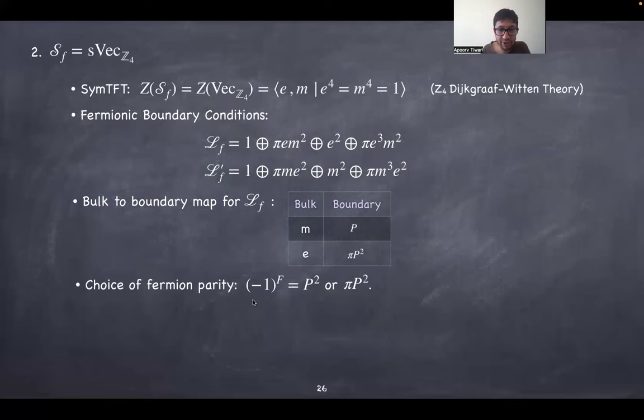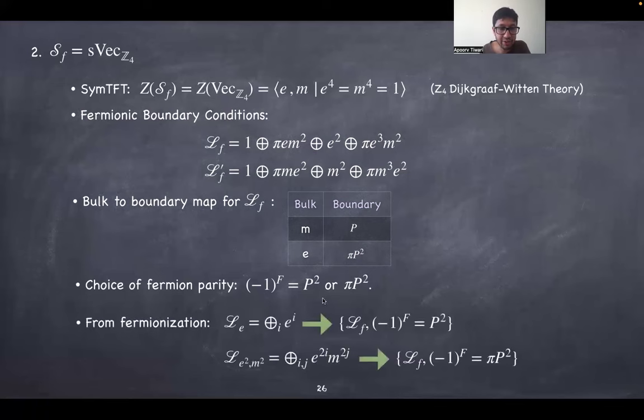There are again 2 choices of fermion parity, P squared and pi P squared, and these correspond to fermionizing 2 different boundaries of the Z4 Dijkgraaf-Witten theory. The first is LE, which is generated by E. And the second is LE squared M squared, which is generated by E squared and M squared. This is compatible with the fact that the first choice came from fermionizing a Z4 symmetry, so this boundary actually carries a Z4 symmetry.